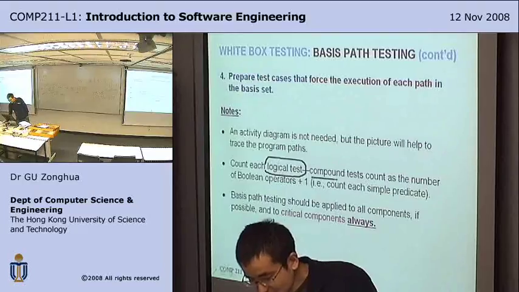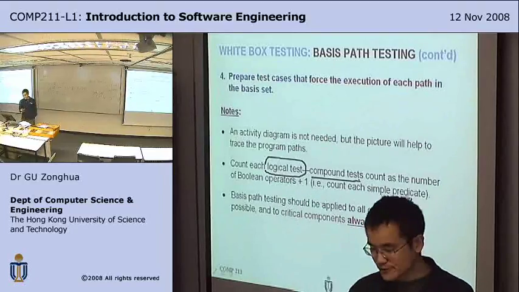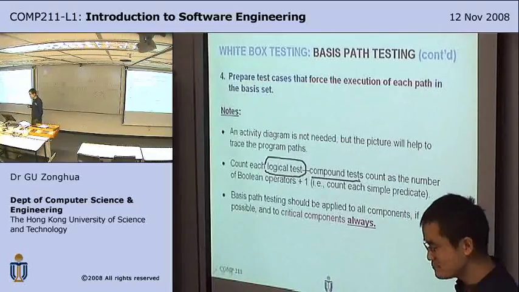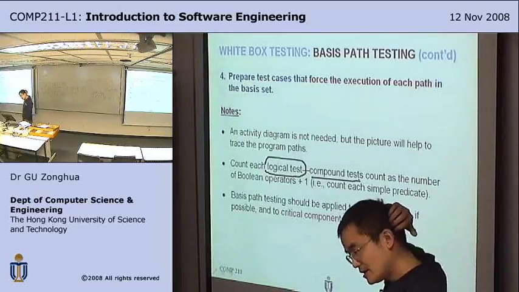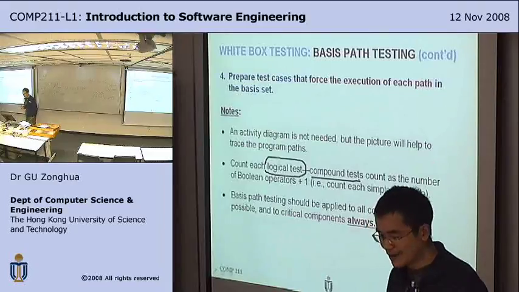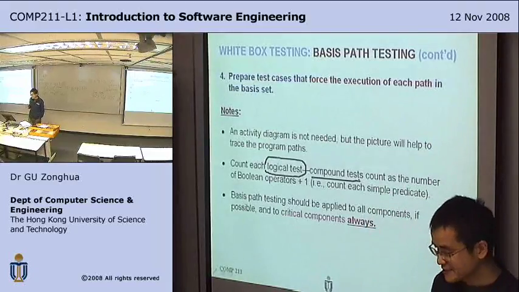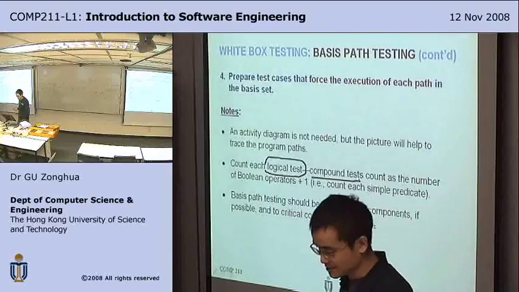And compound tests count as number of Boolean operators plus 1. So if you have if A and B or C, you have 2 Boolean operators, and and or, plus 1 is 3. Therefore, it's equal to the number of simple predicates.